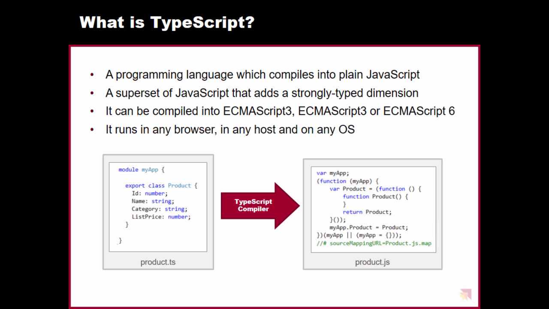So Anders Heidelberg and his team at Microsoft began building the TypeScript language so that you could program in a strongly typed object-oriented language, and behind the scenes they would compile your TypeScript code in .ts files into .js files. But as far as the browser is concerned, your TypeScript code has to be converted into JavaScript code before it's actually going to execute within the browser. But most of the compilation happens behind the scenes.